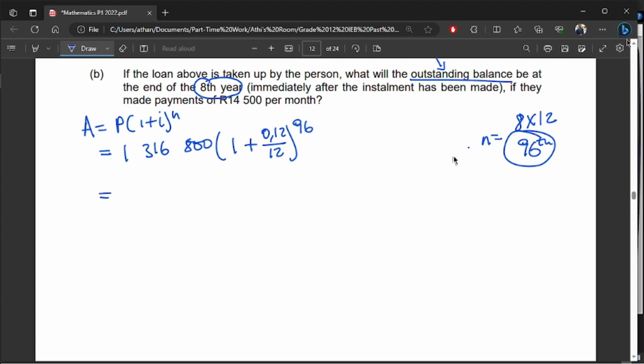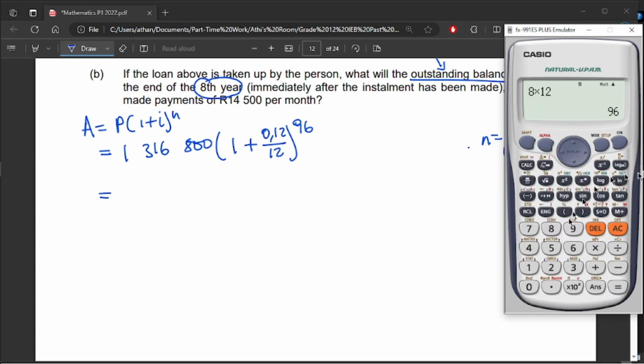Okay, and then let's see, put that in a calculator. 1,316,800 bracket 1 plus 0.12 over 12 to the power of 96. There you go.